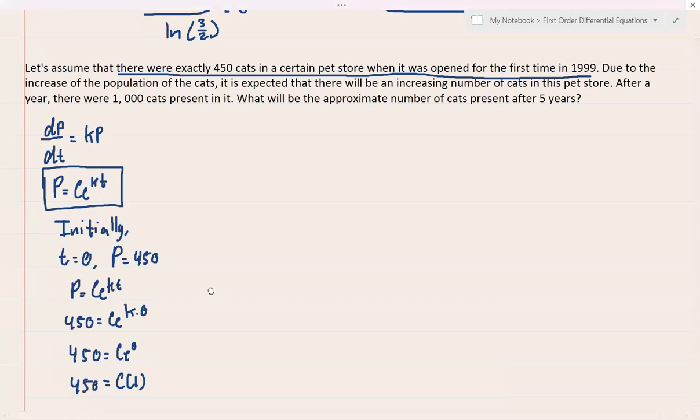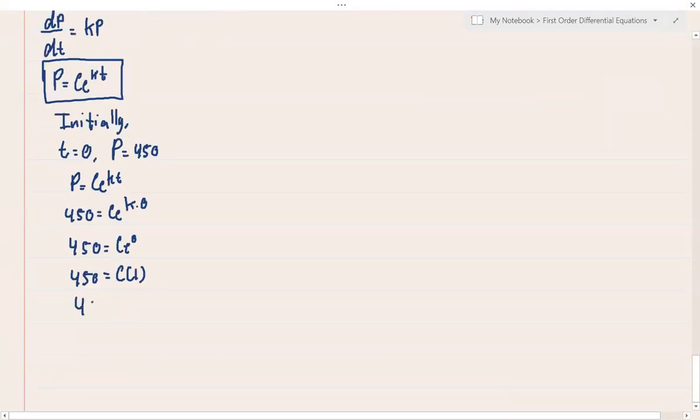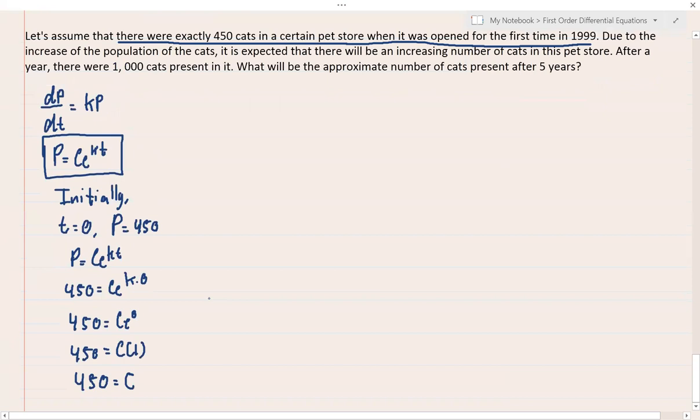So C times 1 is obviously C. So therefore, your C is equal to 450. That's it. So yun, meron na tayong formula na P is equal to 450 times E raised to kt. Ayan.